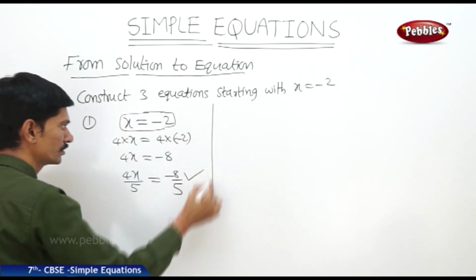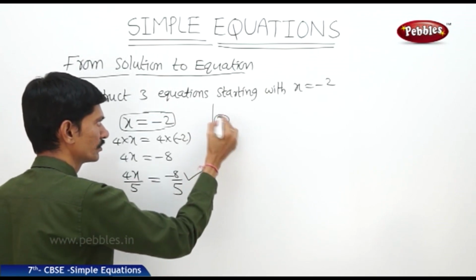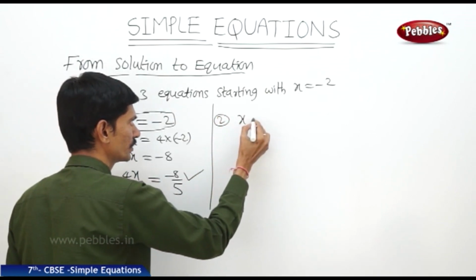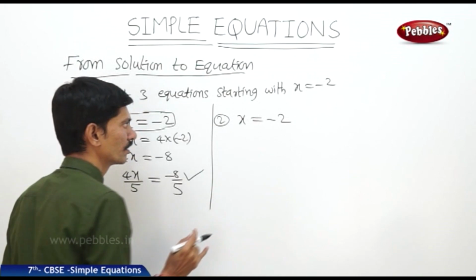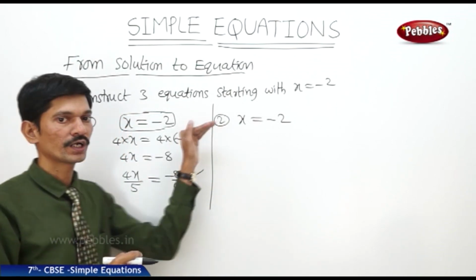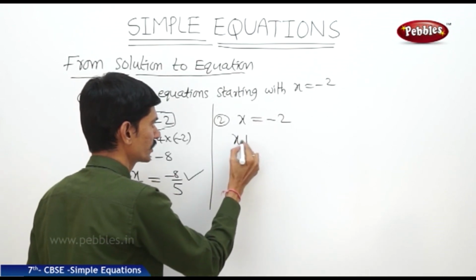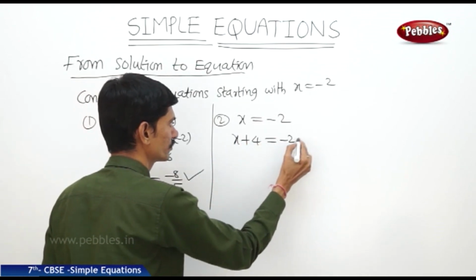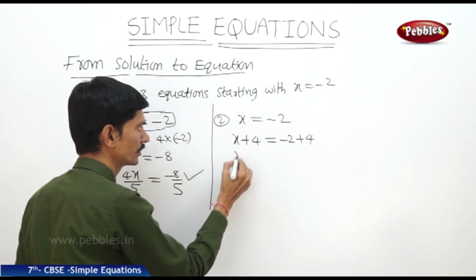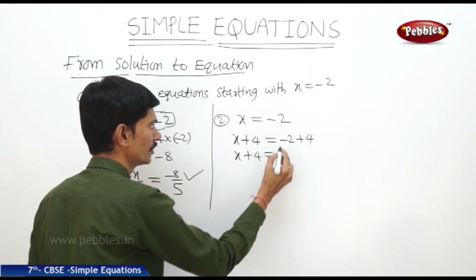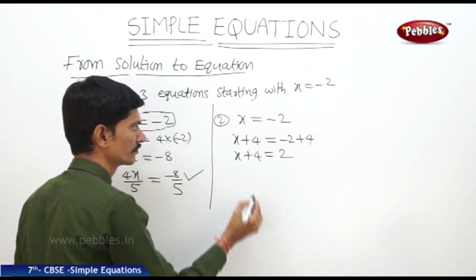Now let us construct the second equation with the same solution, x equals minus 2. Now add 4 on both sides. If you add 4 on both sides, then we get x plus 4 equals minus 2 plus 4. So x plus 4 equals minus 2 plus 4, which is 2.